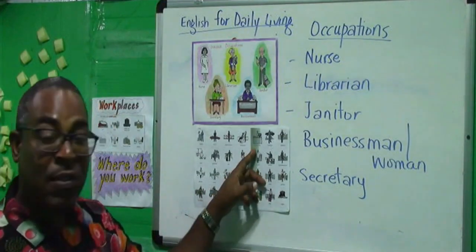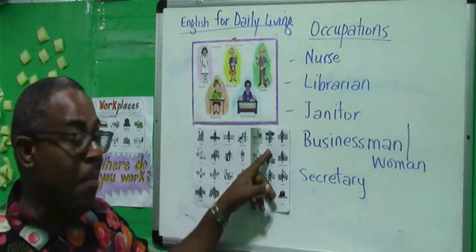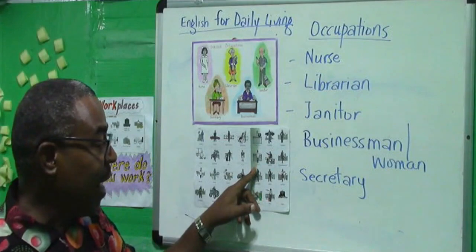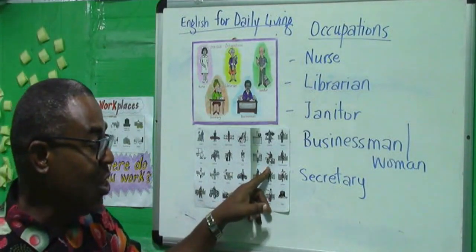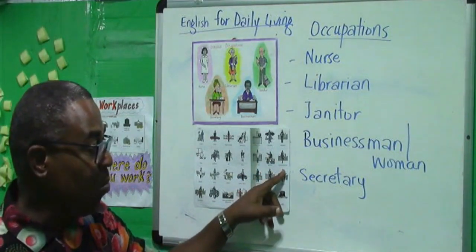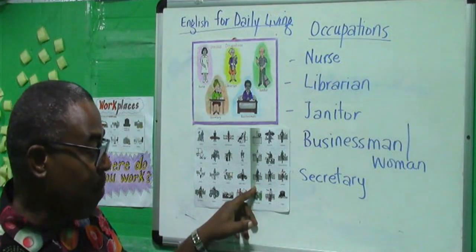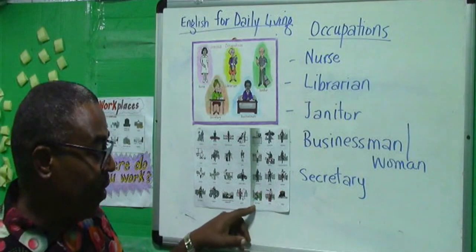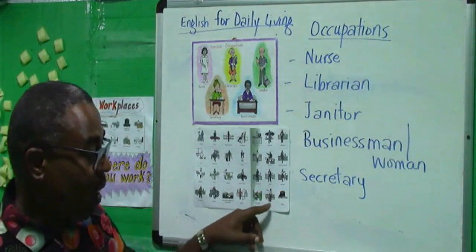We have a receptionist, a mechanic, an engineer, a scientist, a teacher, a businesswoman, a businessman, a waiter, a waitress, an electrician, a pilot.